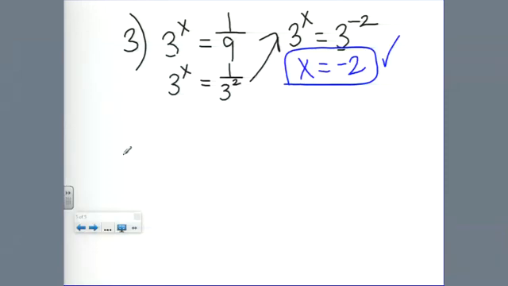So this is how you would solve exponential equations. Get the bases to be the same so you can set the exponents equal to each other. Earlier we discussed logarithmic functions, and you will be given some logarithmic equations that you have to solve.